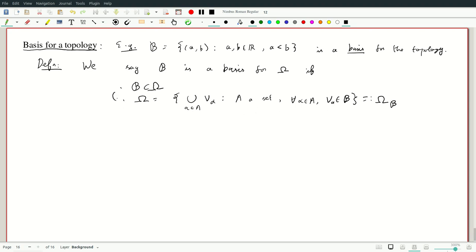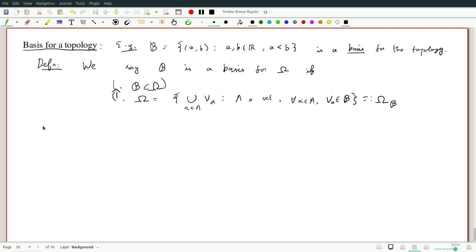By the way, this implies this, because every set is a union of a single one, a union of itself. And so if I say omega equals this, then of course the basis itself consists of open sets. So by definition our topology on R was a topology with this basis.